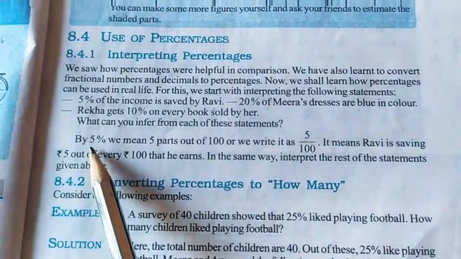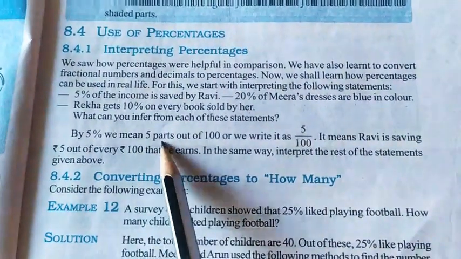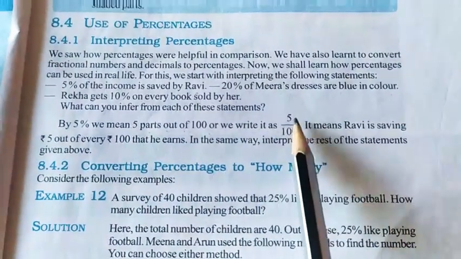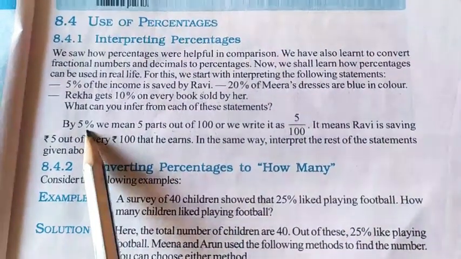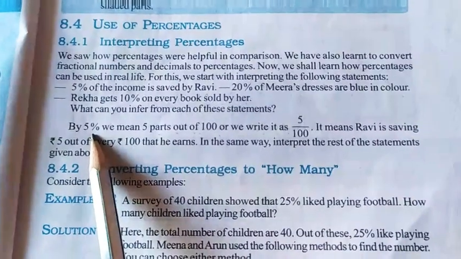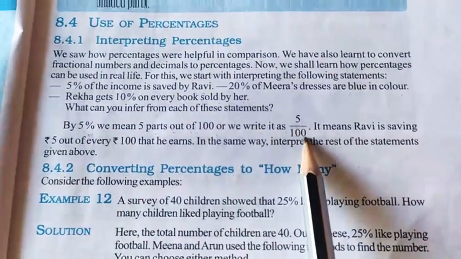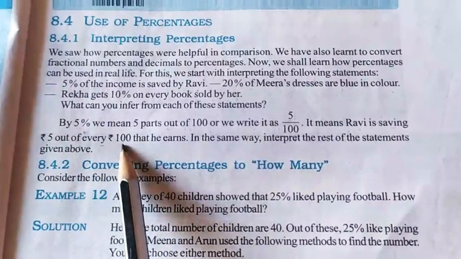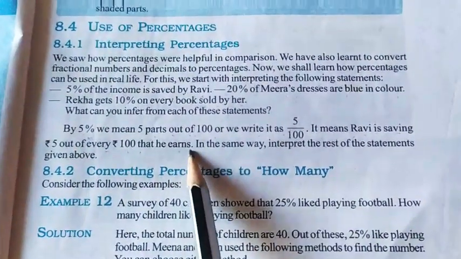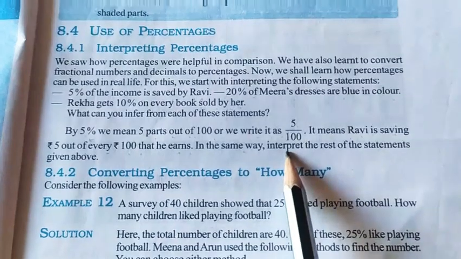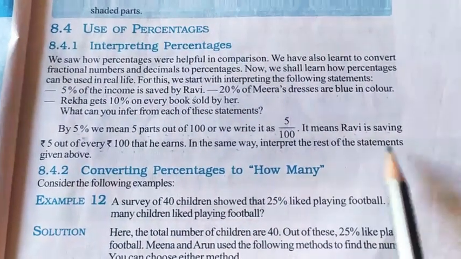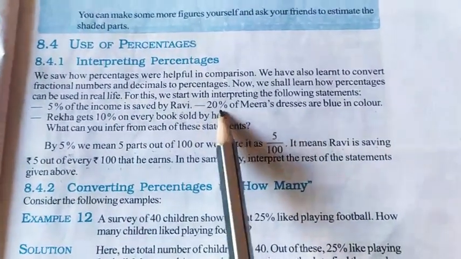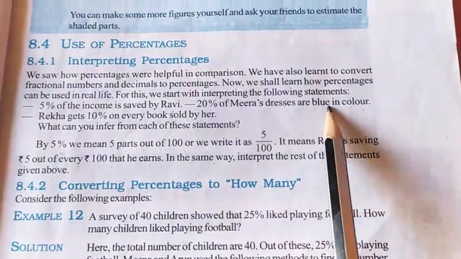Okay. So by 5% we mean that 5 parts out of 100, or we write it as 5 by 100. So see here, percent means by 100, 5 by 100. It means Ravi is saving 5 rupees out of every 100 rupees that he earns. In the same way, interpret the rest of the statements given above. Similarly, 20% of Mira's dresses are blue in color.